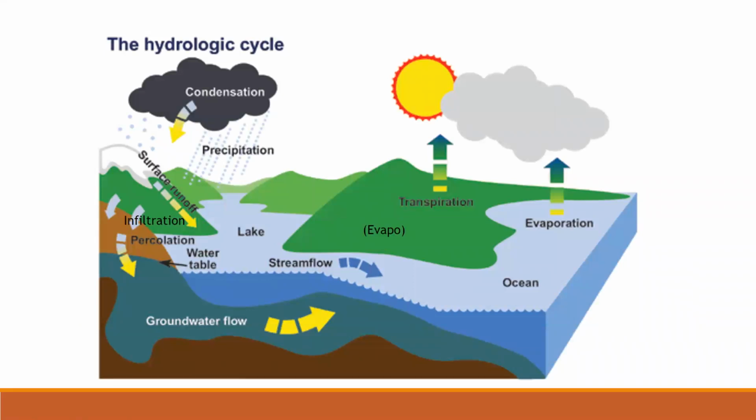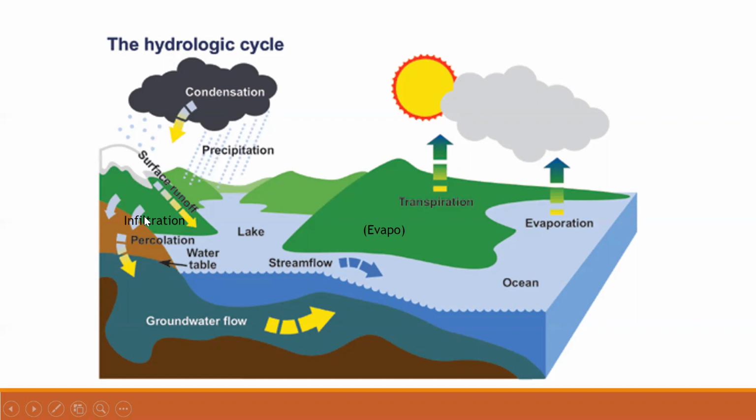So let's start with the water cycle. Hopefully, you've seen something like this before in your education. This is a basic water cycle that, again, makes its way into grade school curricula. What you're seeing here is your classic precipitation, right? So water falls to the earth in the form of precipitation.